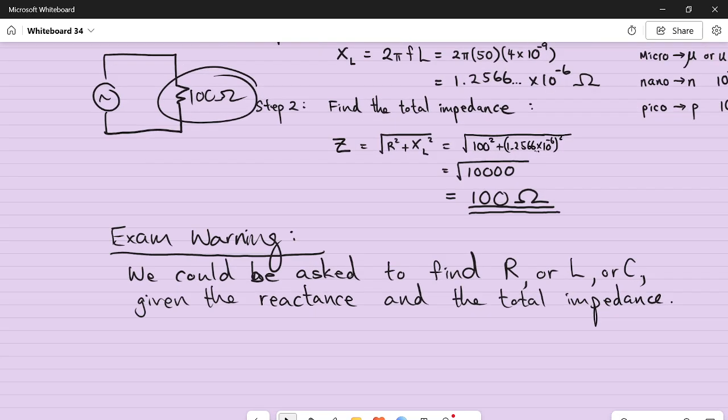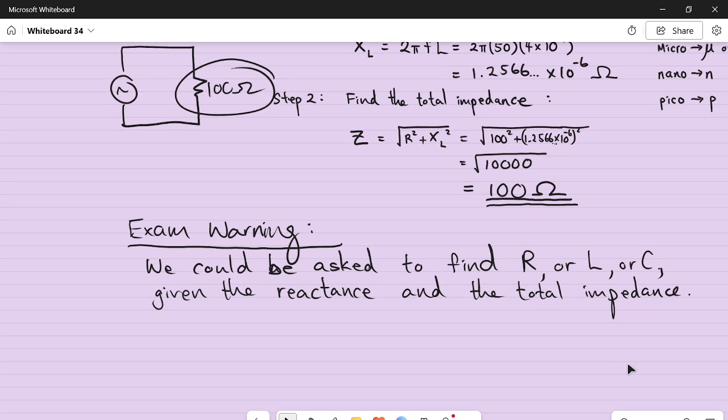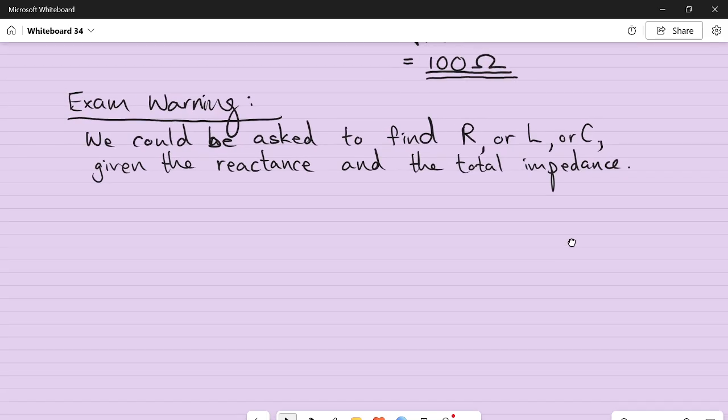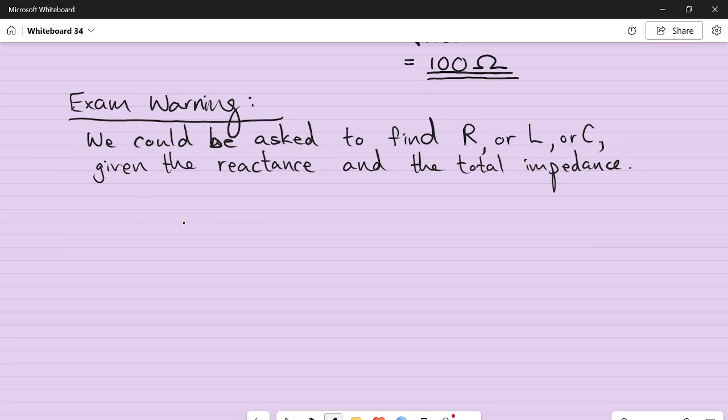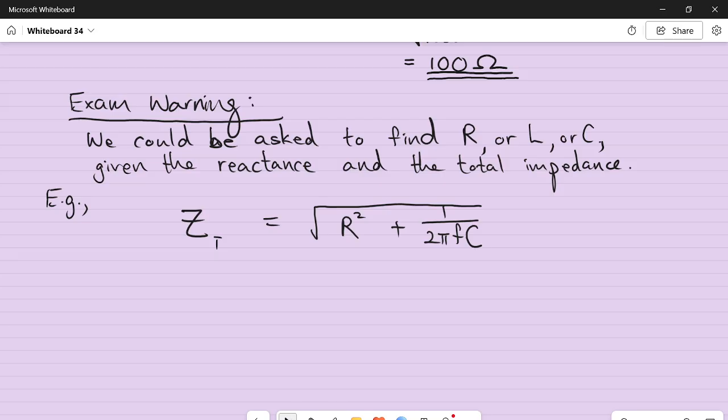Just to show you, you can help me out as I do this. Let's say Z total is equal to, let's do the capacitor one first, the square root of R squared plus (1 over 2 pi F C) squared.